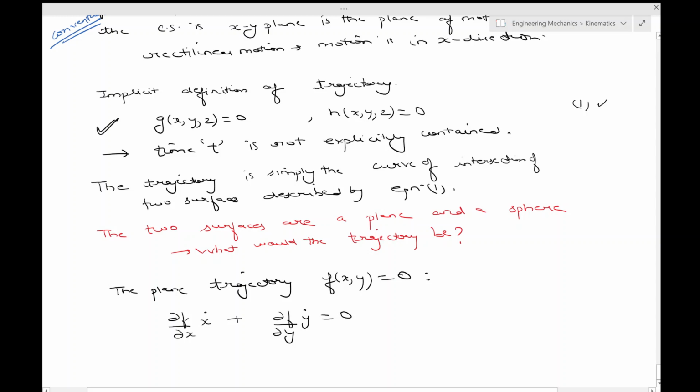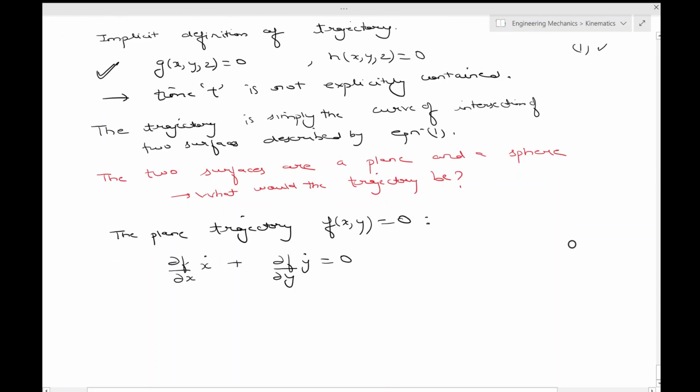This shows the partial differentiation, because f depends on x and y both. This is a partial differentiation with respect to x, this is with respect to y, and clearly x and y have time in them. That's implicit, that's why we are not explicitly writing it. So that's why you have this x dot and y dot.